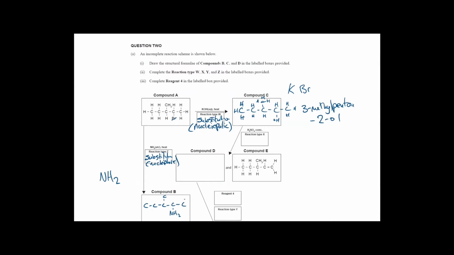Yes. Okay, let's put the hydrogens in. Hydrogen, hydrogen, hydrogen. I'm not checking to see that these are properly balanced. So this needs a hydrogen. This needs 3 hydrogens. This needs 2 hydrogens. This needs 3 hydrogens. So what is this going to be called?